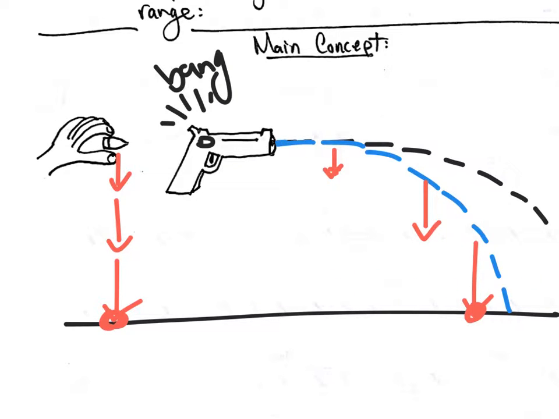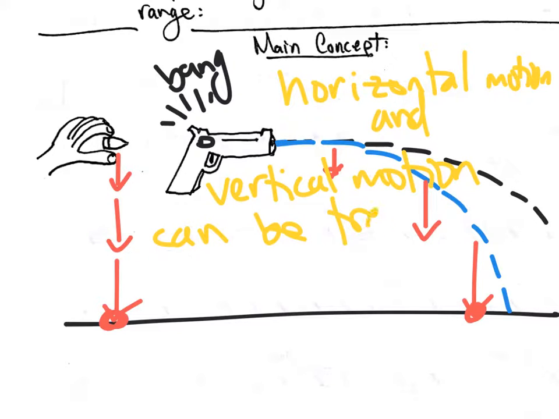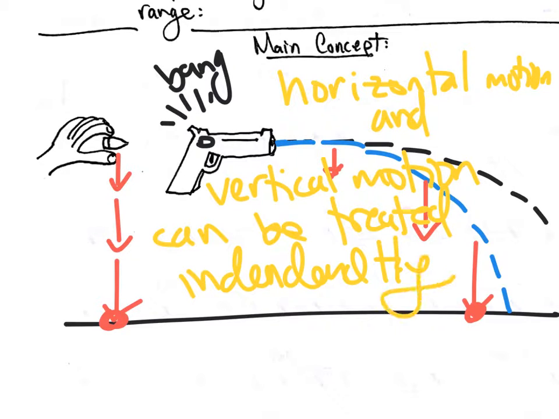But the fact that something is moving to the side, I'll say this in words: horizontal motion and vertical motion can basically be treated independently. So we'll see some videos, we'll do a lab, it'll start making some more sense.